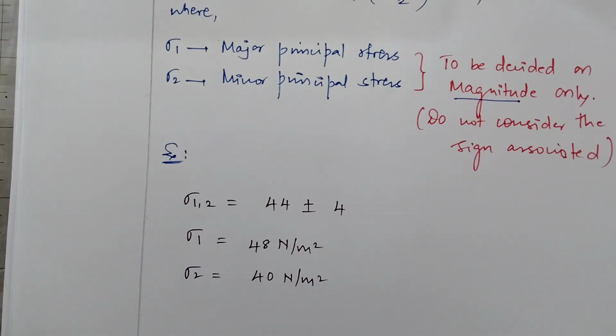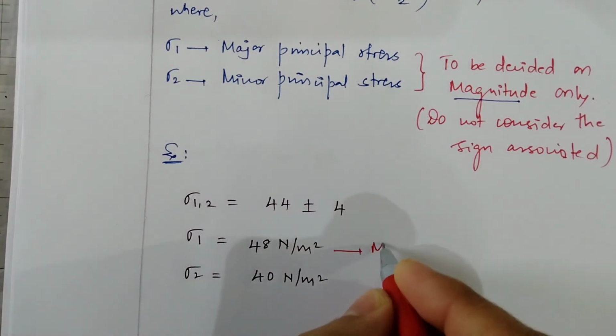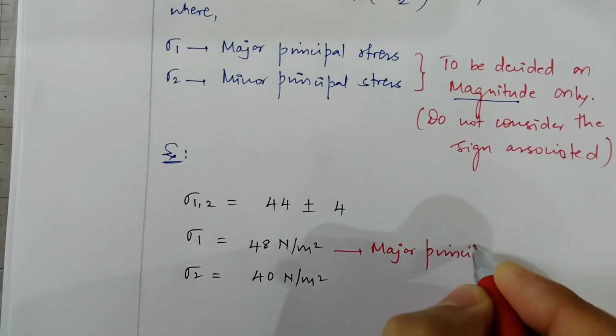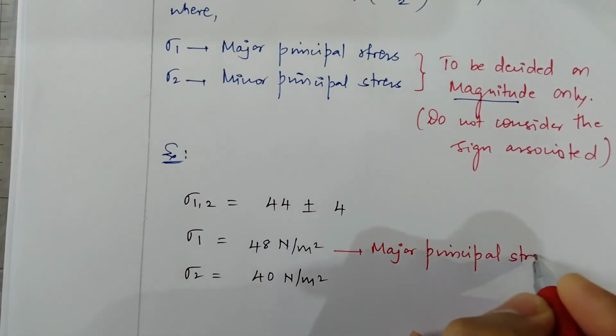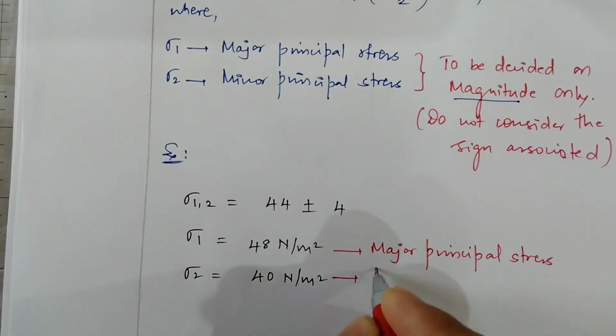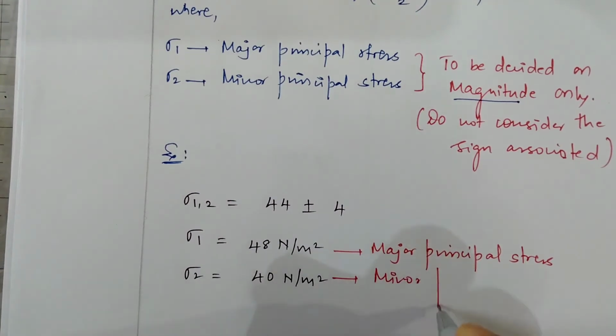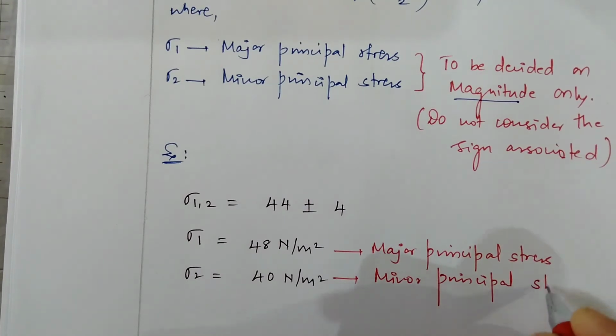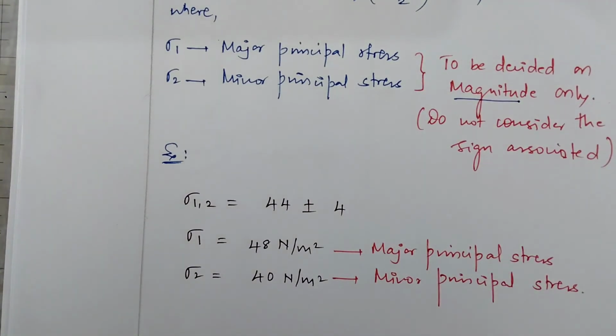Right? So in this case, considering the magnitudes, this is major principal stress and this is minor principal stress, right?